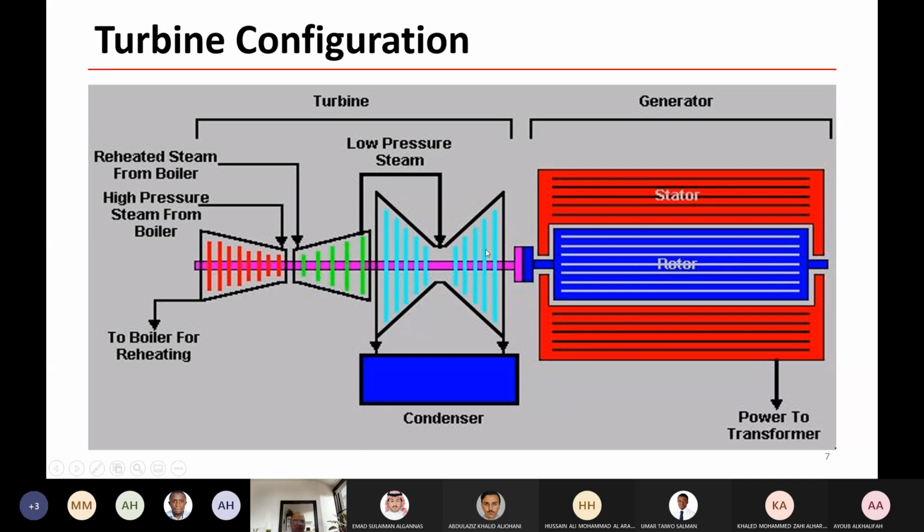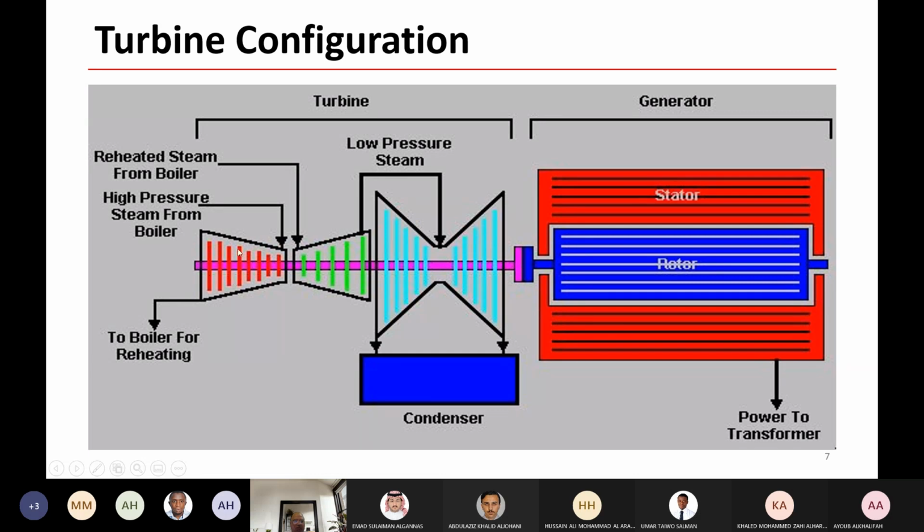You have here the high pressure section. The high pressure steam from the boiler comes here. All sections are mounted on the same shaft, so they are connected in series.